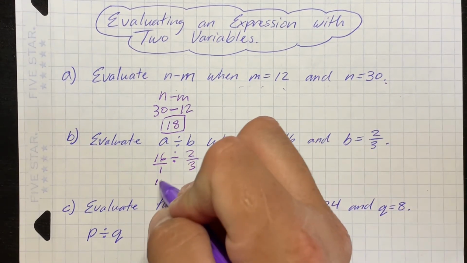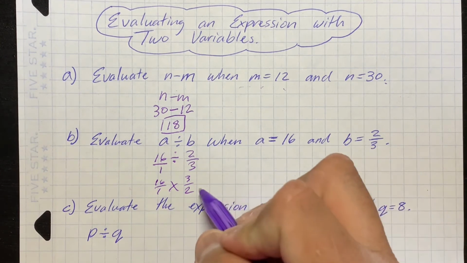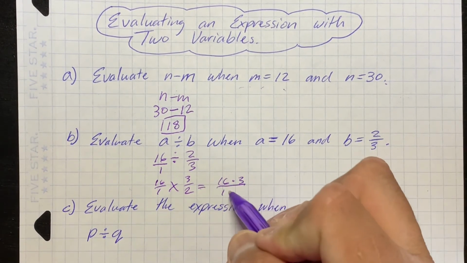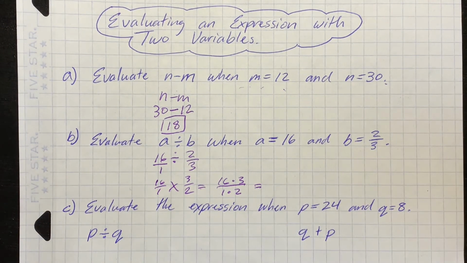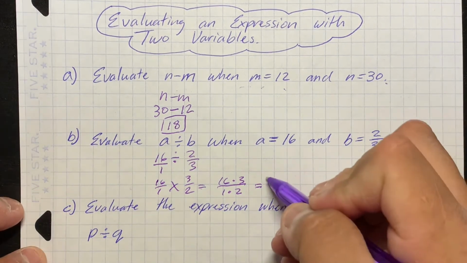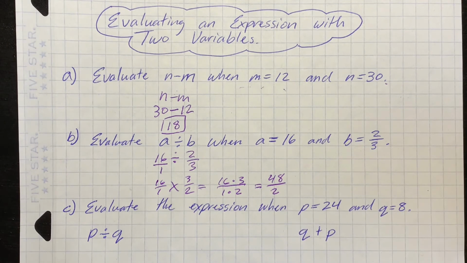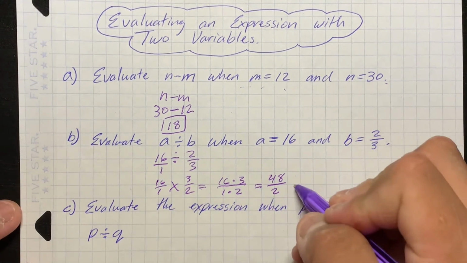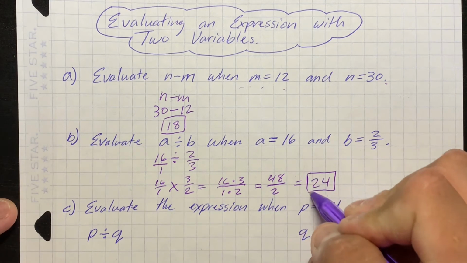You're going to rewrite it 16 over 1 times 3 over 2, and you're going to multiply fractions now. 16 times 3 and 1 times 2. Now you're going to multiply your numerators. 16 times 3 is going to be 48 divided by 1 times 2, which is going to be 2, and half of 48, okay, 48 divided by 2 is going to be 24. So your answer, or the product, is going to be 24.